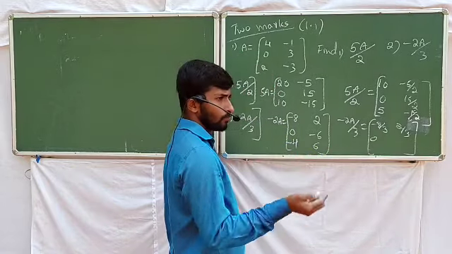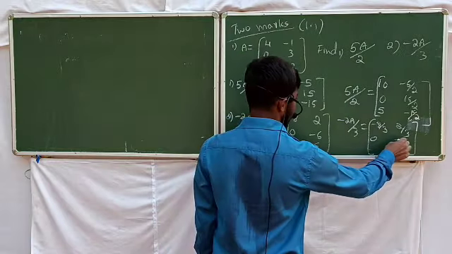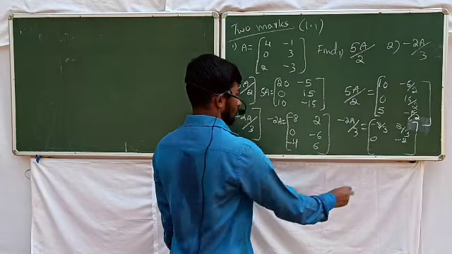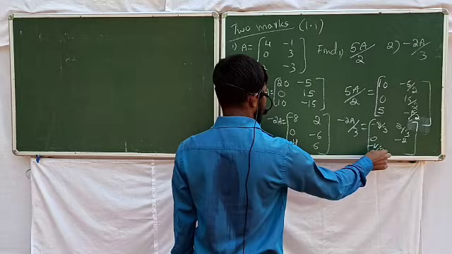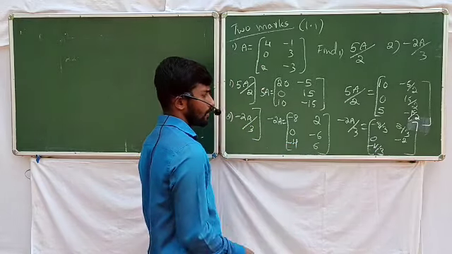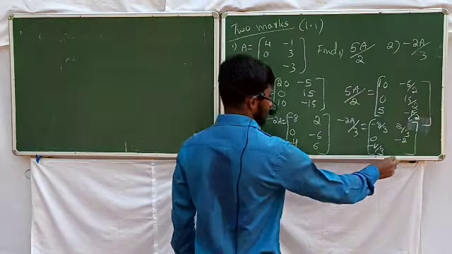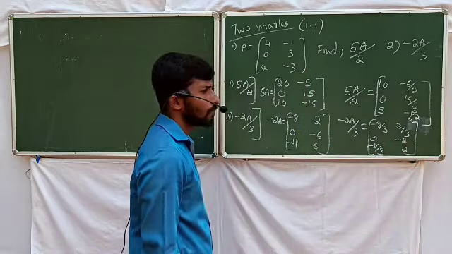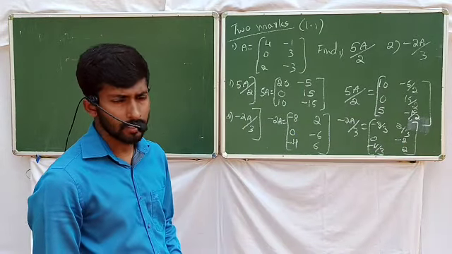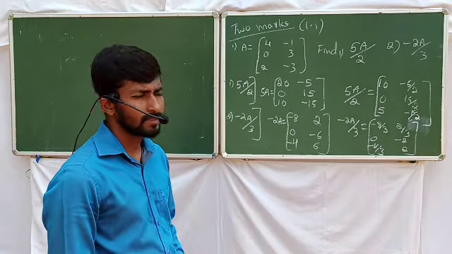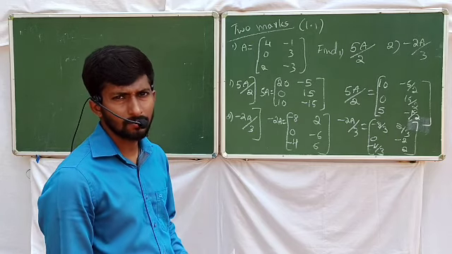Minus 6 by 3, its value is equal to minus 2. Minus 4 by 3, 6 by 3, its value is equal to 2. The value of minus 2A by 3. Just scalar multiplication and some algebra.